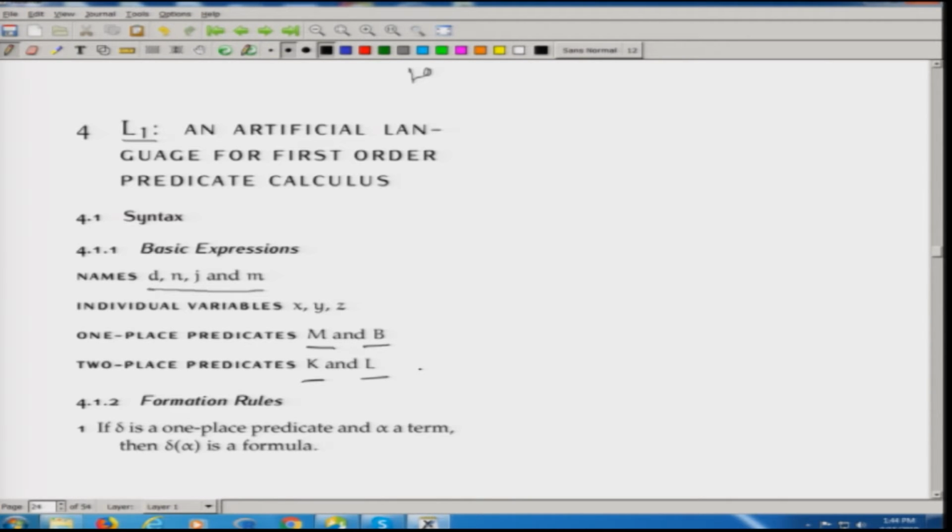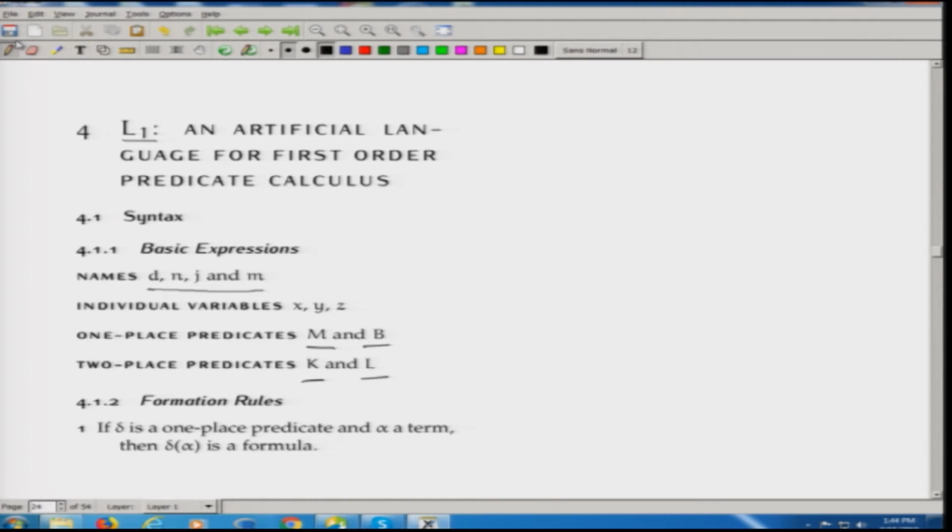Formation rules are given here. The syntactic rules are now our main concern. Then we will see their semantic counterparts. The first formation rule is, if delta is a 1 plus predicate and alpha a term, then delta alpha is a formula.